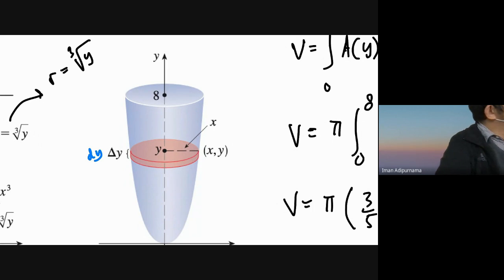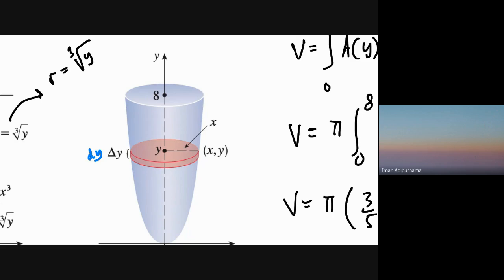So the important thing here is this is a cross section area, right? This is a circle. So the area of the circle multiplied by the height, which is dy, and we add all these slices from the first endpoint to the second endpoint.